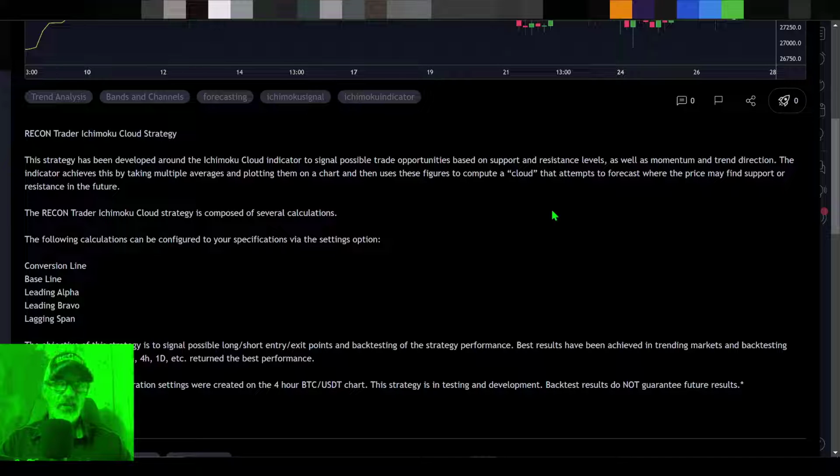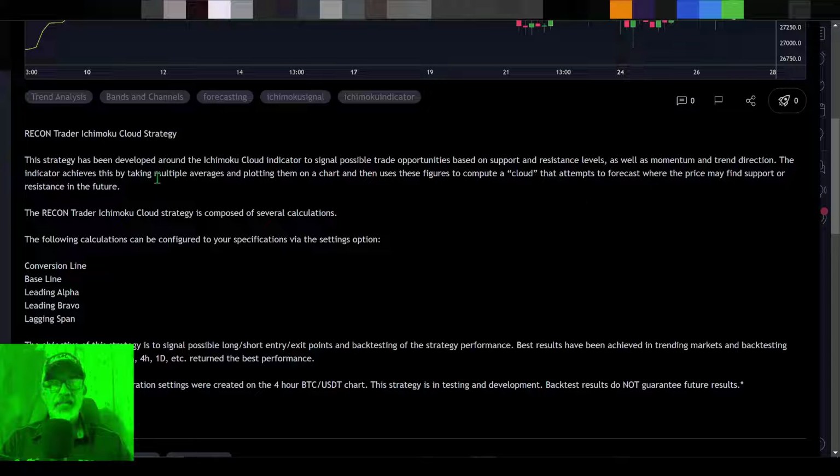So as day traders, we don't typically want to trade based on just one indicator like a trend. We want to know momentum, support, resistance, things like that. And so by utilizing the Ichimoku cloud to send us potential buy or sell signals, we get some confirmation from a variety of different signals, including support and resistance, as well as momentum and trend direction.